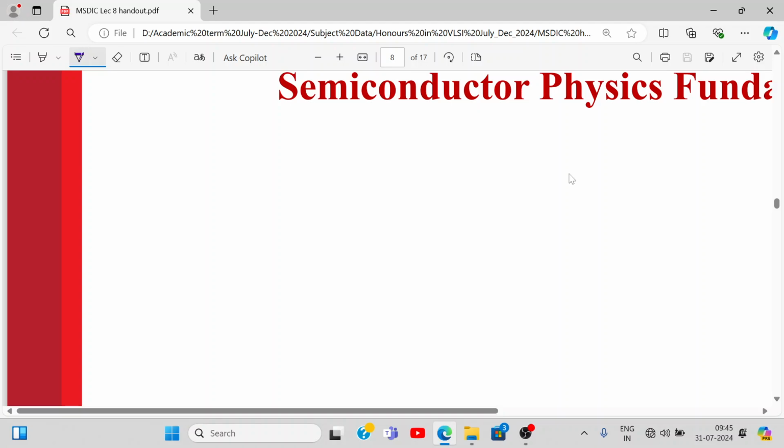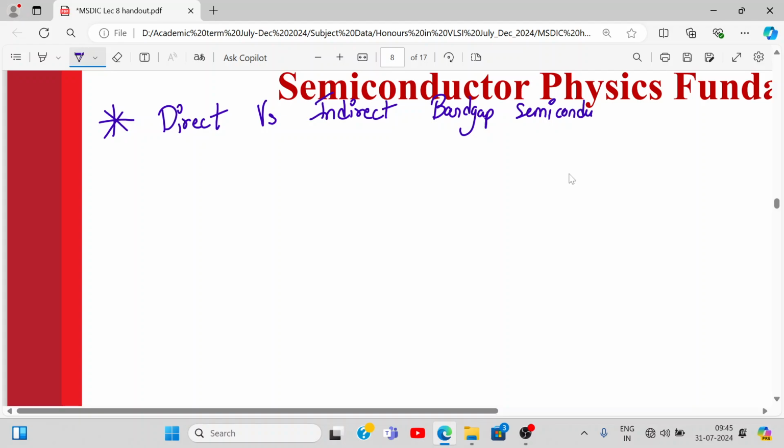Write down another concept: direct versus indirect bandgap semiconductors. So what I'm doing is plotting something slightly different.